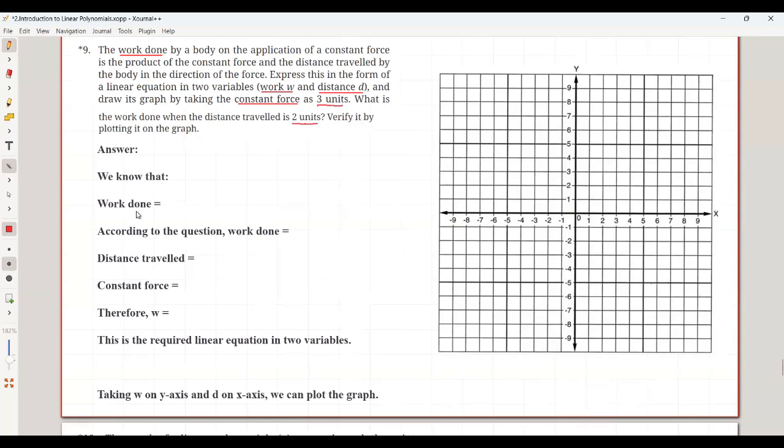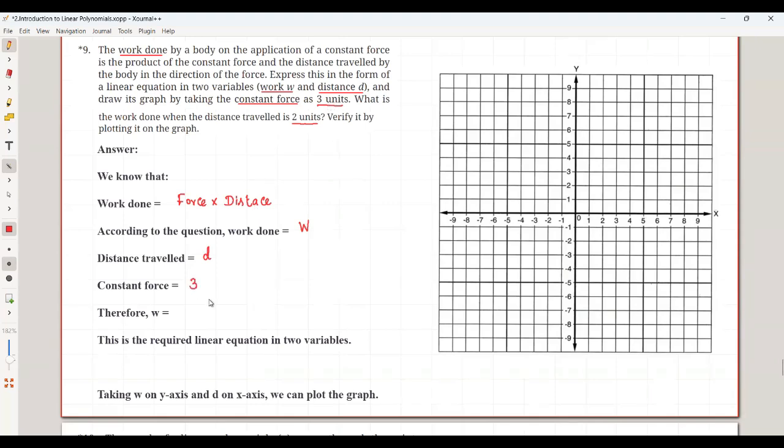First, the work done formula is force into distance. According to the question, work done we just take as W, distance travelled we take as D, and constant force is given as 3 units.